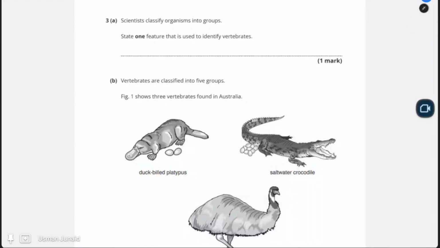Scientists classify organisms into groups. State one feature that is used to identify vertebrates. What is the feature of vertebrates?